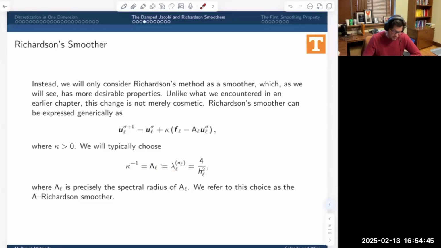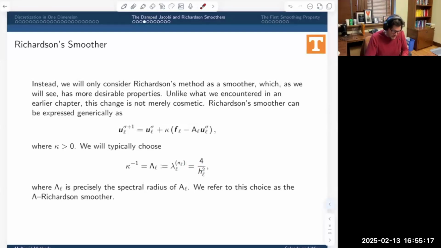Now, in this case, we have a nice firm formula for our largest eigenvalue. Our largest eigenvalue is just going to be 4 over HL squared. This is a little bit different than the case that we had for the finite element, and for the standard finite difference case. We couldn't give this largest eigenvalue such a nice formula in those cases. Here we can give it a nice formula.